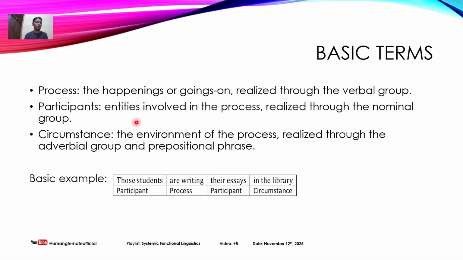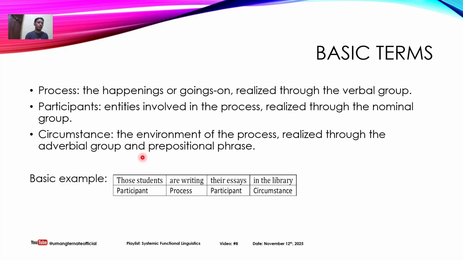And then the circumstance. The circumstance is the environment of the process, the environment in which the process takes place. Okay? And the circumstance is realized through the adverbial group and prepositional phrase.